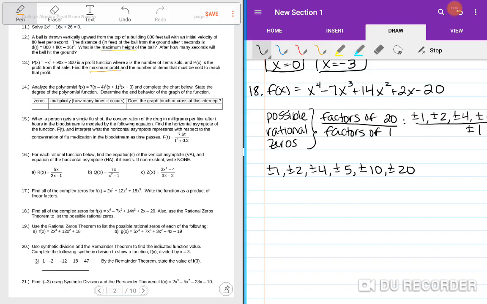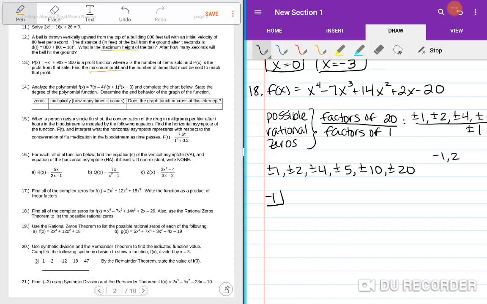Standard. Looks like it may cross at -1 and possibly 2. So on my graph, I see -1 and 2 are probable zeros. I'm just going to make a little list: -1 and 2 over here.